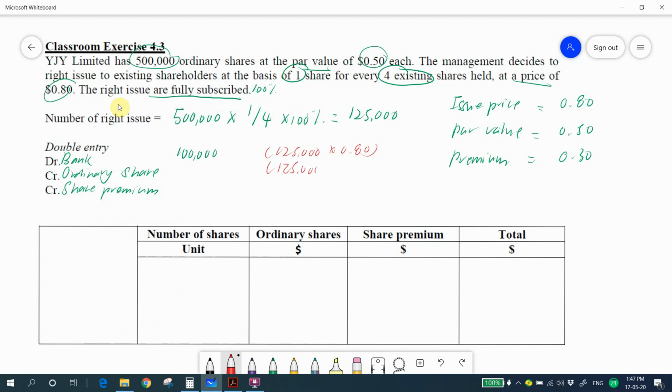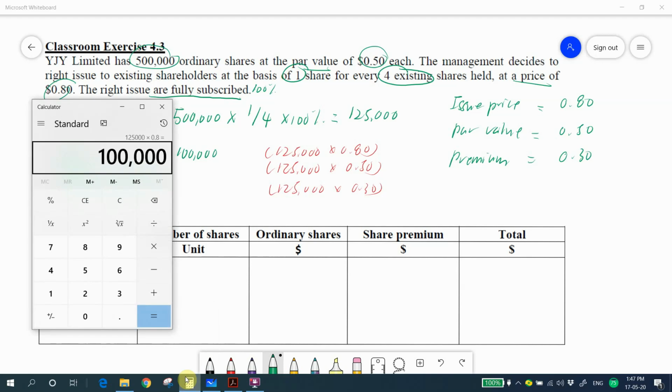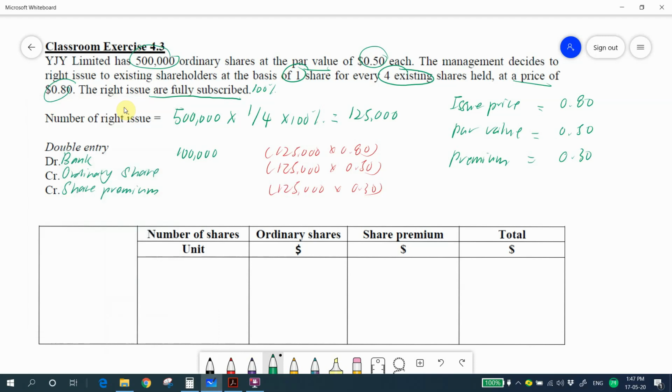We use 125,000 times 50 cents. And for share premium, we use 125,000 times 30 cents. So for ordinary share, 125,000 times 50 cents is 62,500, and 37,500 for the share premium. So this is the accounting entry for rights issues.